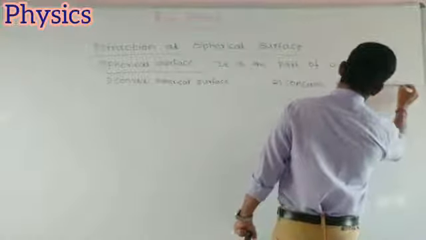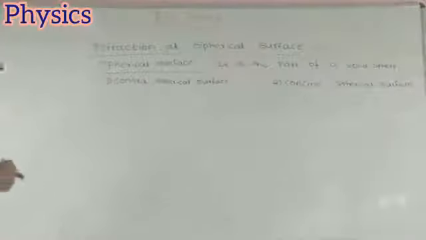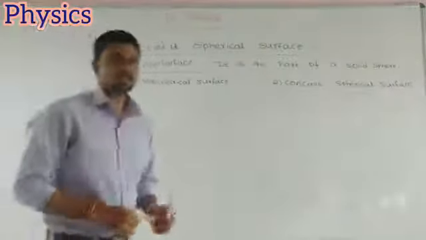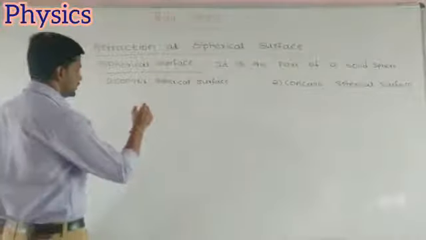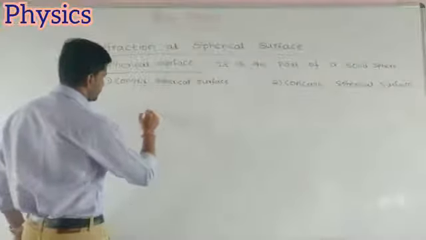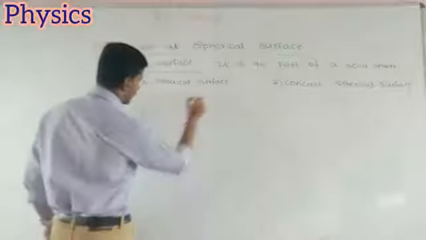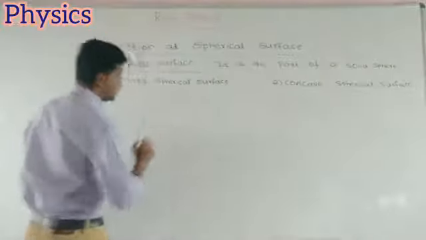Now let us draw the convex spherical surface. This is the way of drawing the convex spherical surface.